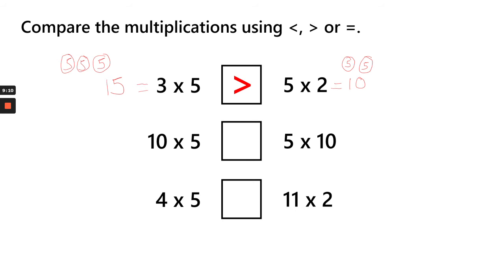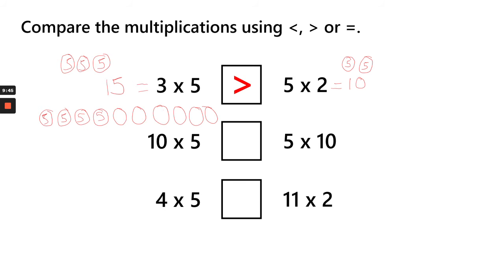Now our next question is 10 times 5 and 5 times 10. Now when we did our lessons with Mrs. Terry, we know when we look at arrays, it doesn't matter which way around our numbers go in our times table fact. They are the same answer. So let's work out one side. 1, 2, 3, 4, 5, 6, 7, 8, 9, 10 lots of 5.